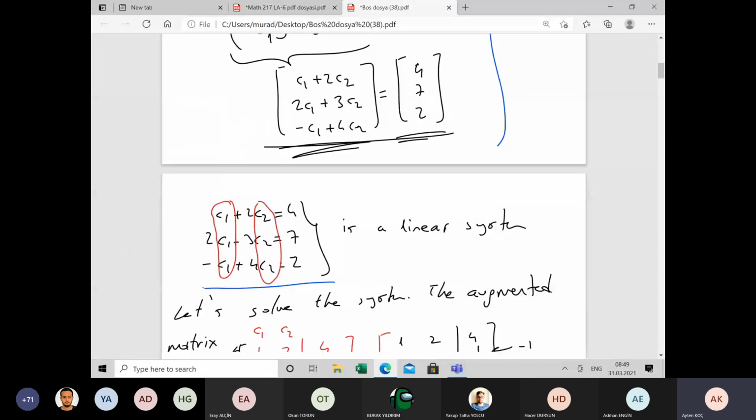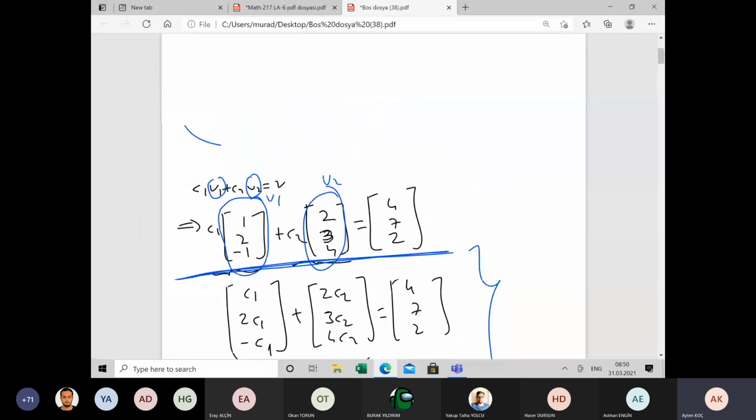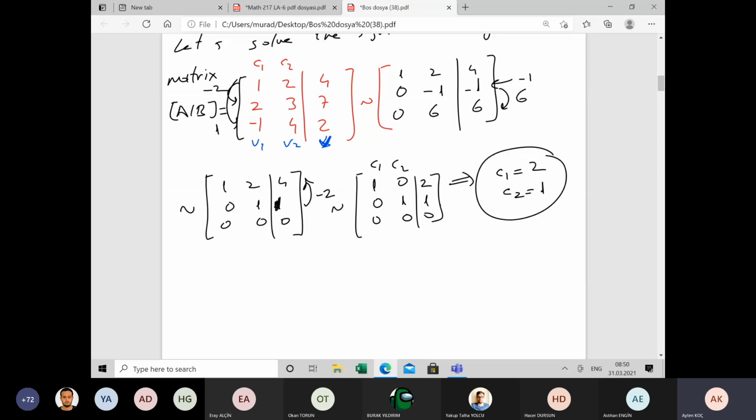Our problem is transformed to solving this system, meaning: does the system have a solution or not? If it has a solution, yes, our vector is a linear combination of v1, v2. And here we obtain C1, C2, thus we get a solution of the system.